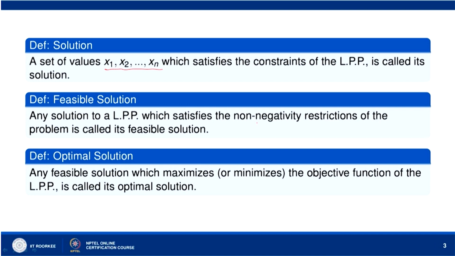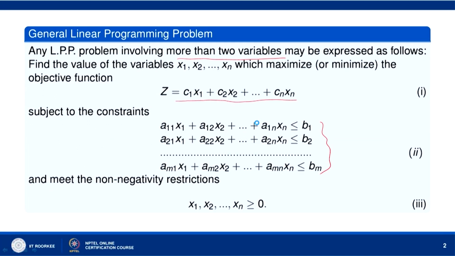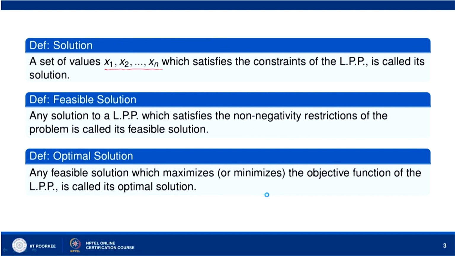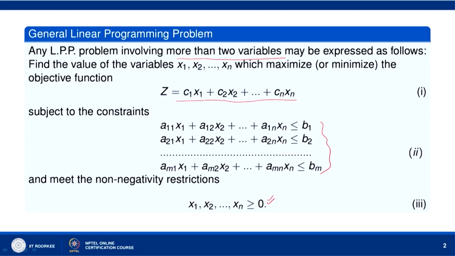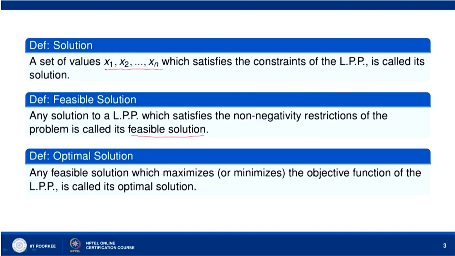Now, suppose our solution of the LPP also satisfies the non-negativity restrictions x1, x2, ..., xn greater than or equal to 0, then we call it a feasible solution of the LPP. Any feasible solution which maximizes or minimizes the objective function z equal to C1 x1 plus C2 x2 plus ... plus Cn xn is called an optimal solution.